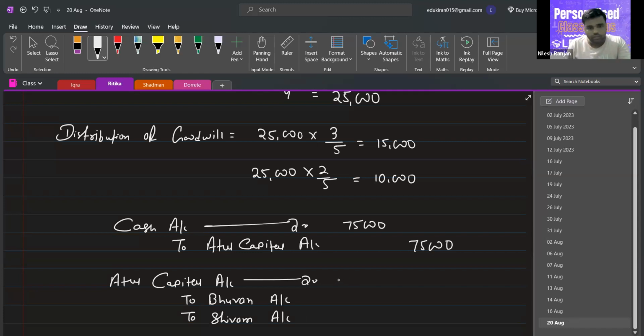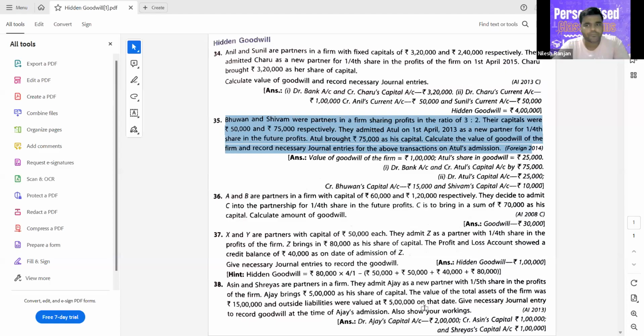So the goodwill amount is 25,000. It will be 15,000 and 10,000. Is this clear? Yes, sir.